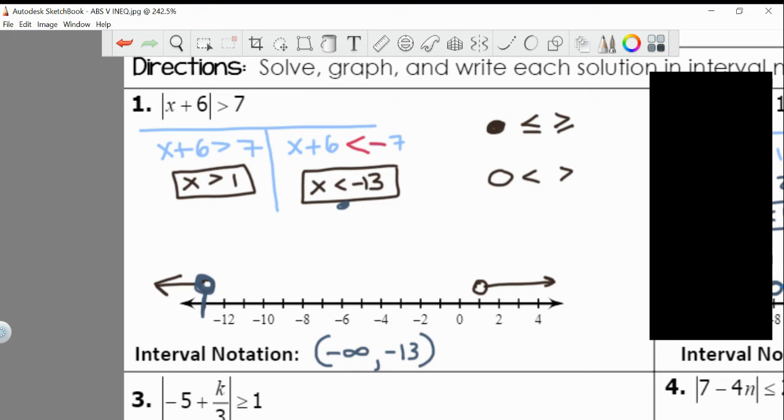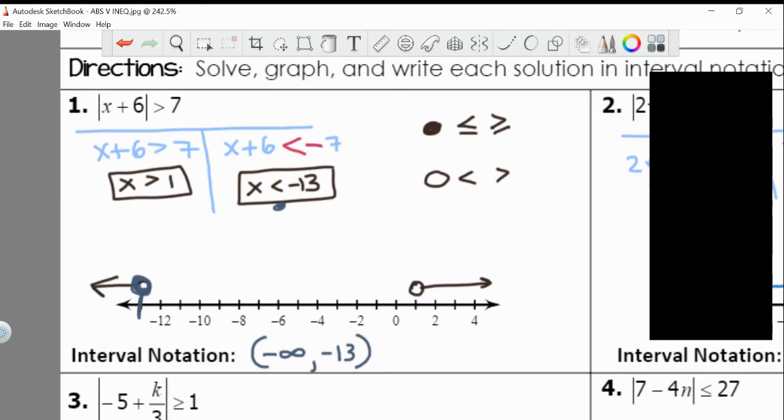So basically, if you have a colored in circle, okay, that means brackets. If you have an open circle, that means parentheses. But infinities are always parentheses, okay? You can never put a bracket on an infinity. Yeah, it kind of makes a little circle.